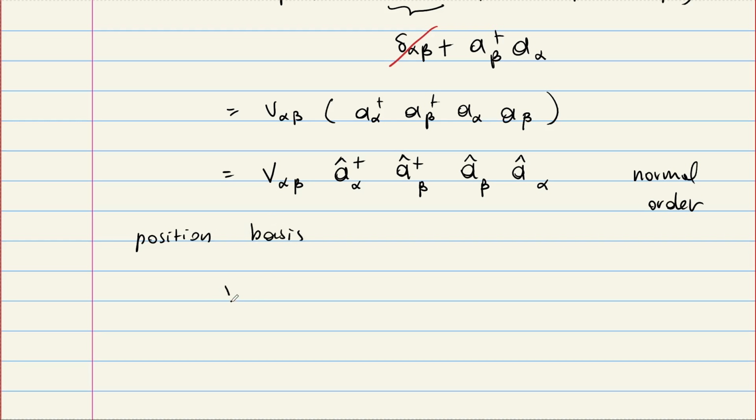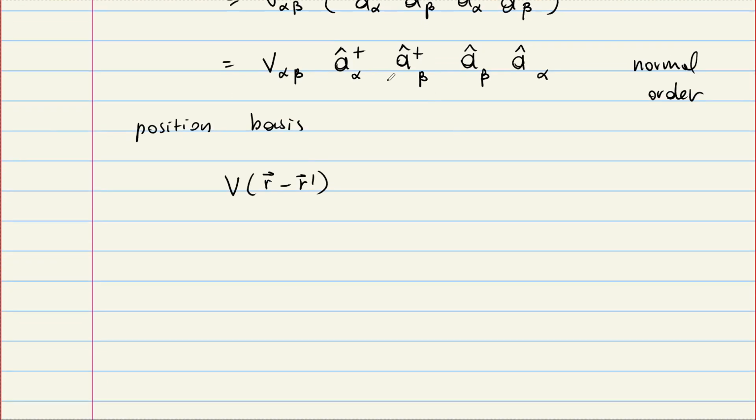I have a boson at r, another boson at r prime, and they have something like Coulomb or some kind of two-body interaction that only depends on r minus r prime. And the convention is I have this psi dagger, psi dagger, psi, psi, and this is going to be r, r prime, r prime, r, right?